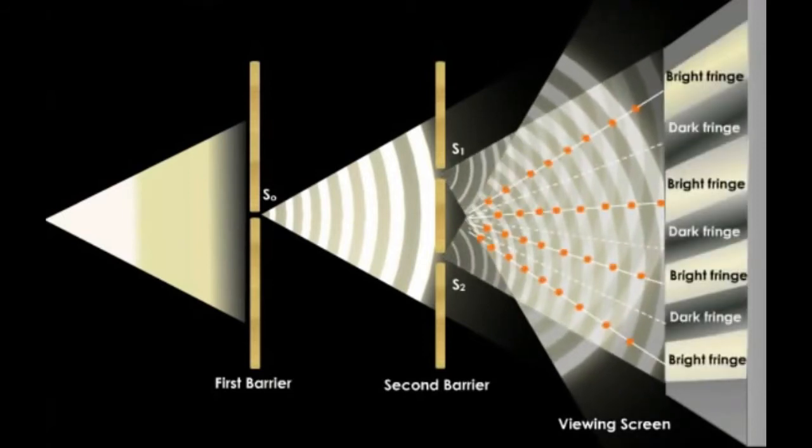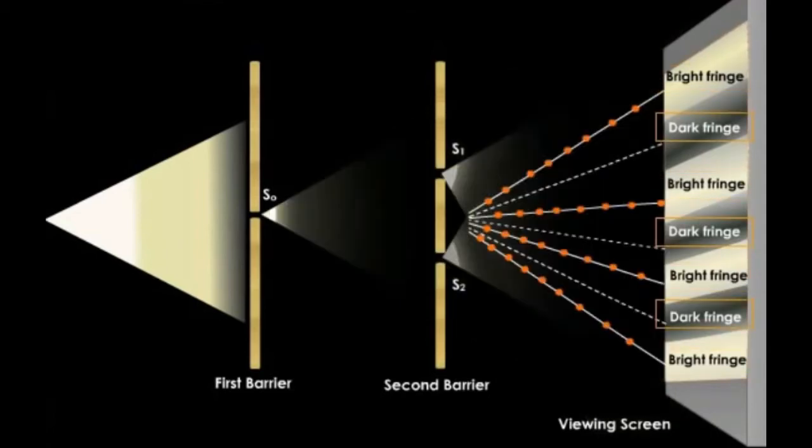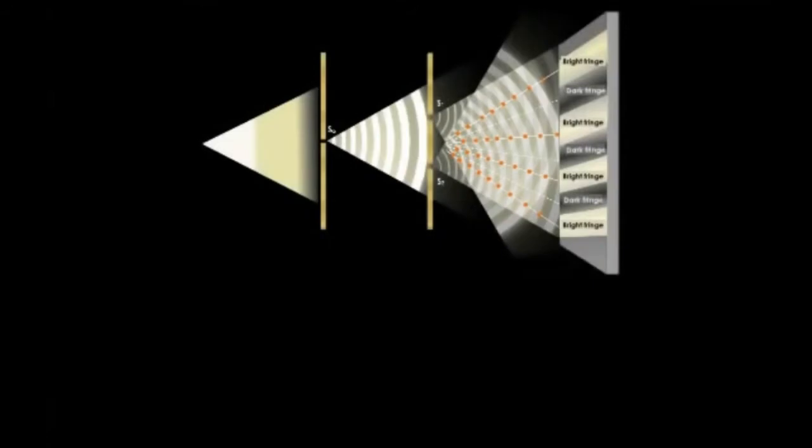They produce an interference pattern which consists of dark and bright fringes. In this particular arrangement, S1 and S2 produce coherent lights and they form bands on the screen called fringes.